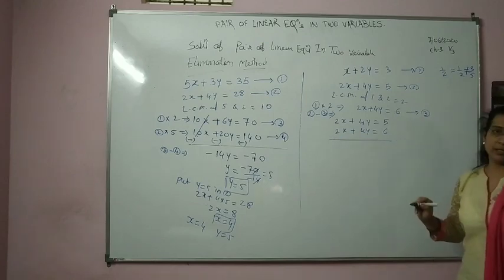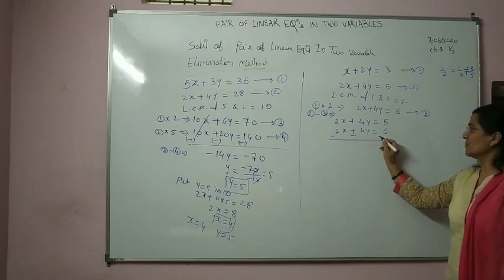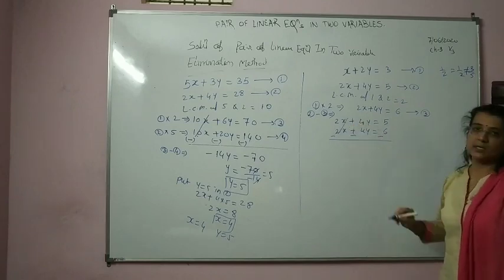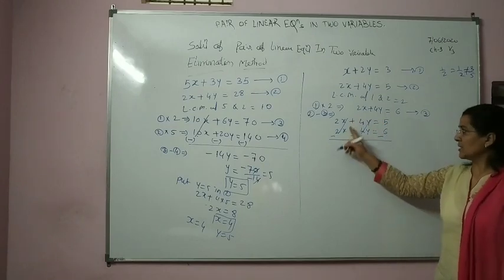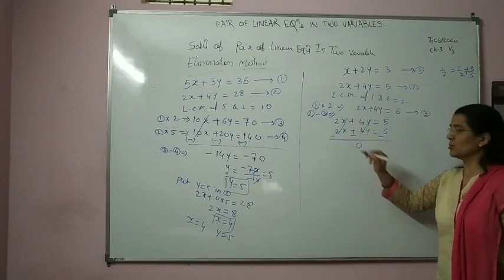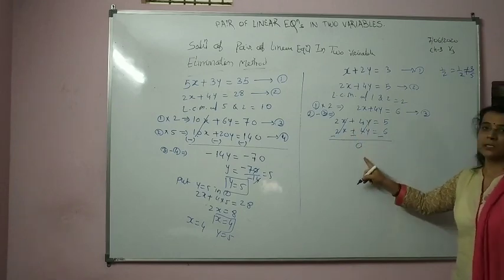In the subtraction process, as you know, the sign gets changed. Minus, minus, minus. Again here 2x and minus 2x get cancelled out. 4y minus 4y get cancelled out. After cancelling, you will have the value 0 only. You will not get x and you will not get y.